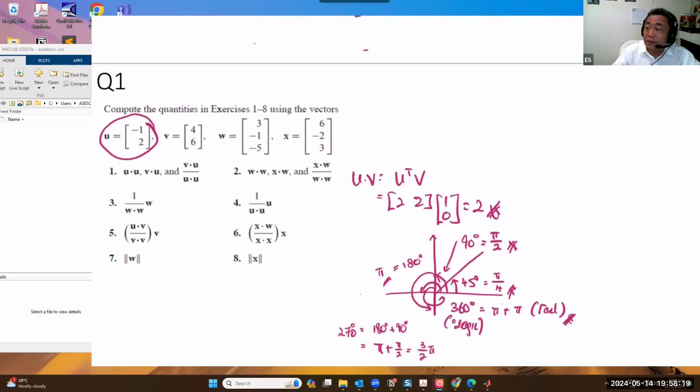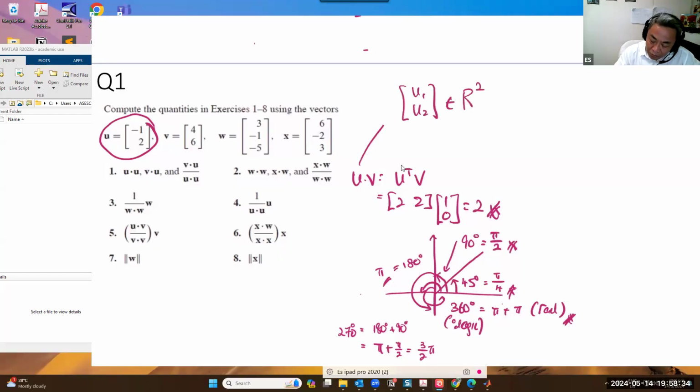So the lady asks, u dot v is this sign, u transpose v. What is u? Remember, u is a vector. In our case, it is a column vector that is in R2. So u is this. This is u. What is u transpose? It basically means this is a column vector.